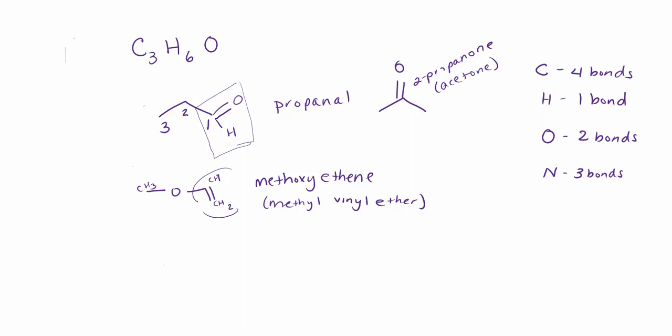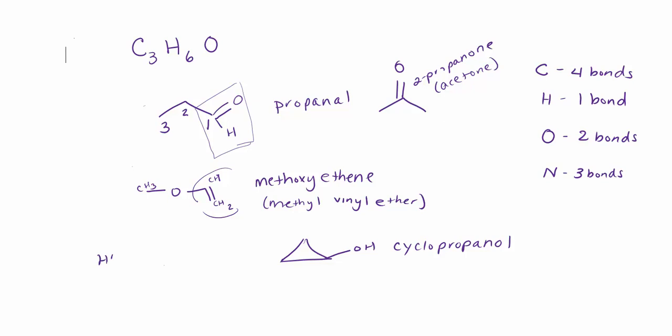Now, whenever you have a double bond, see if you can make a ring structure. So if I make a cyclopropane and put an OH, an alcohol group on it, then I have what is called cyclopropanol. So you see all of these compounds have this same chemical formula, but I am arranging the atoms in a different bonding order.